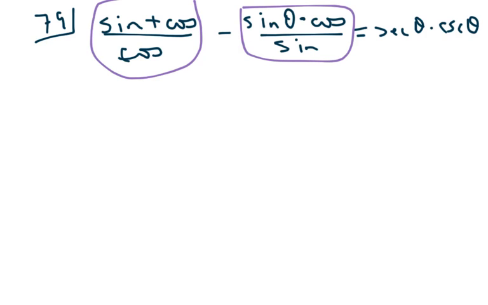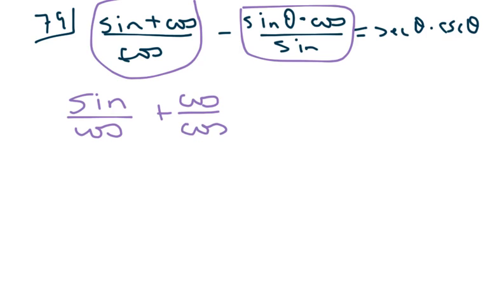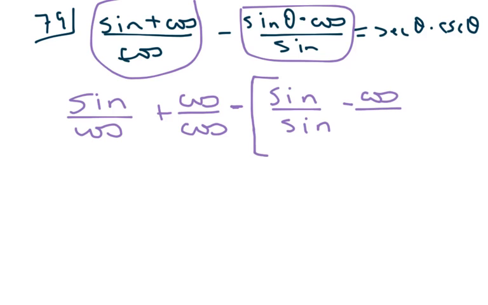Okay. So this is sine over cosine plus cosine over cosine minus sine over sine. Make sure we're doing the whole thing, minus cosine over sine.